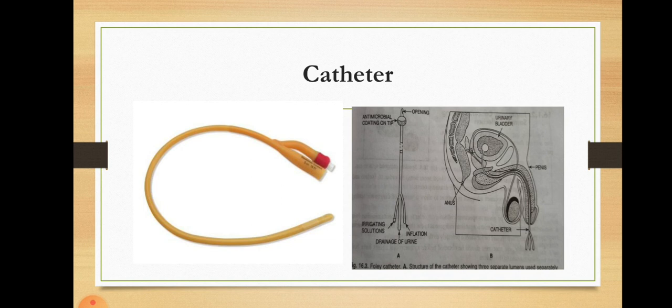A hard catheter is used when the urethra is very narrow or has strictures. A French catheter is a soft tube used to obtain a single specimen, whereas a Foley catheter is used for collecting multiple specimens. In the picture you can see a catheter, and how the catheter is inserted into the urinary tract is also shown.